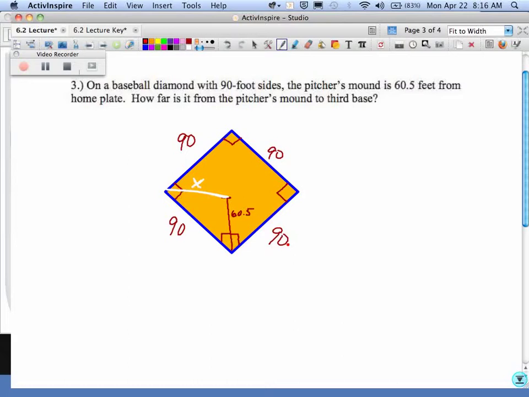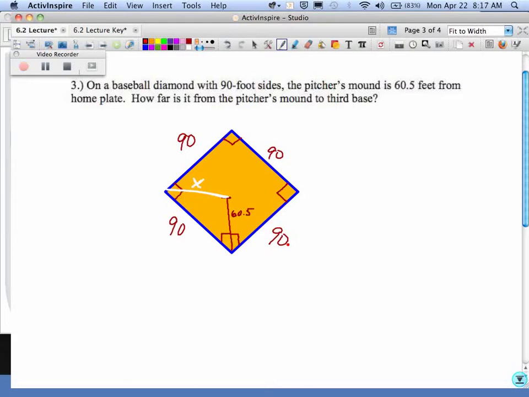This is just a side question. Can we assume that the angle by home plate is 45 even? It is not an assumption. It is a fact. So basically, a baseball diamond is a square. So all bases are 90 degrees.